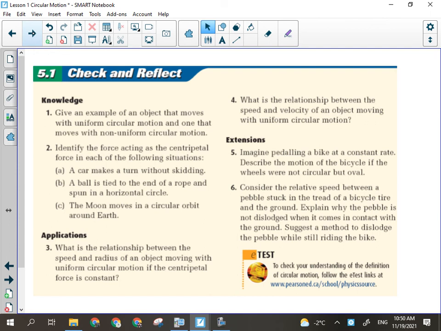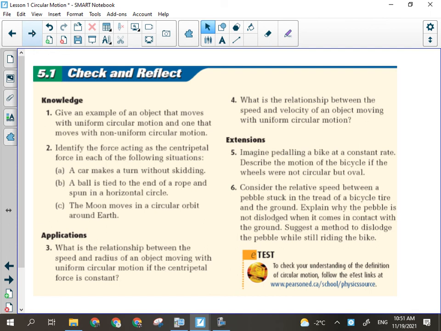Static friction is what keeps you in the corner. If you start to slide, then you're depending on kinetic friction. Which one did we say was always bigger, static or kinetic? Static. Yeah, static friction is always bigger. So when you turn a corner, as long as you're not sliding, you're relying on static friction between your tires and the road to act as a centripetal force and push you back towards the center.